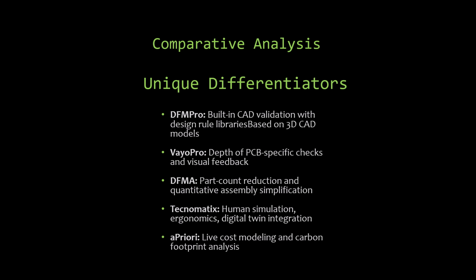DFMA is more focused on part count reduction and quantitative assembly simplification. The Siemens Technomatics is human simulation, ergonomics, and digital twin integration. A Priori is live cost modeling and carbon footprint analysis.